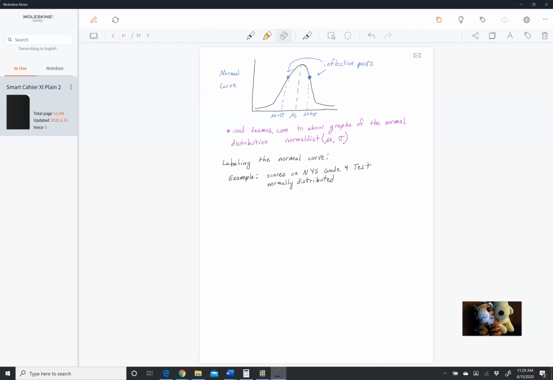And let's say that the mean test score is 305 and the standard deviation is 40.